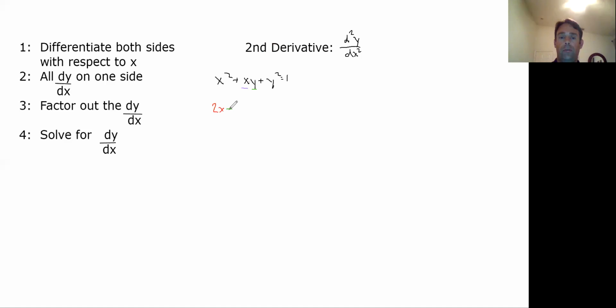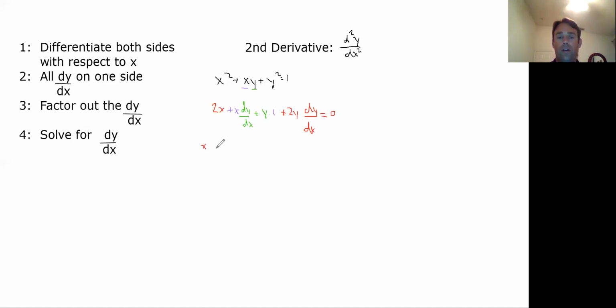So first times the derivative of the second, plus second times the derivative of the first. So plus 2y dy/dx equals 0. All right.